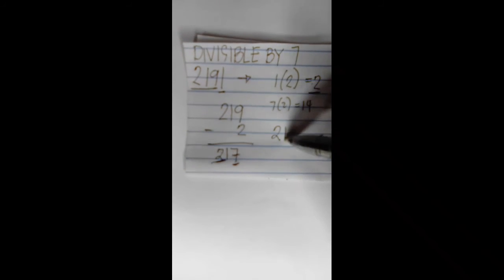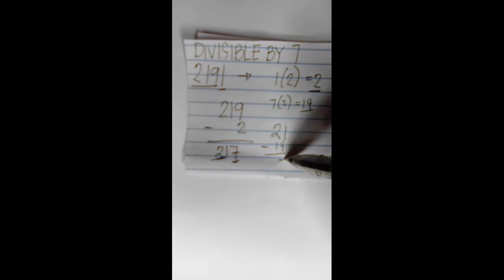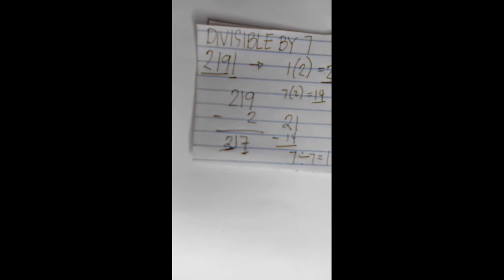And 21 minus 14, the answer is what? We have 7. And 7 is divided by 7. When divided by 7, the result is 1. Now, we conclude that 2,191 is divisible by 7. Okay, next.